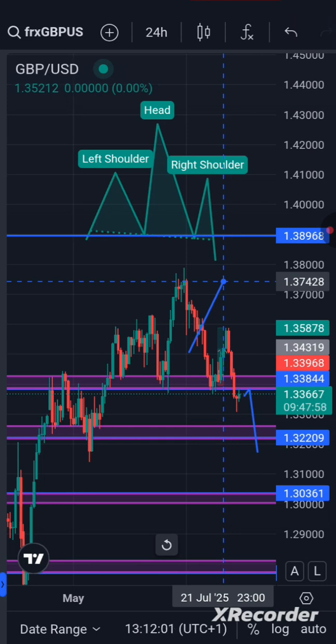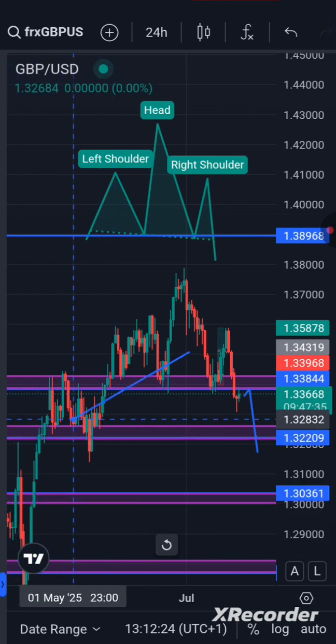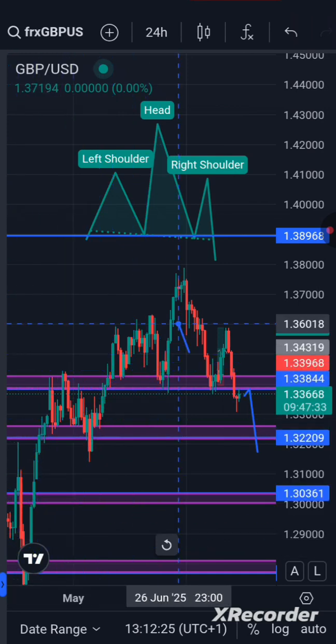By the time you see these chart patterns, like I've said, they are correctional patterns. They are trying to tell you that the previous trend is definitely wrong, and they are about to give you a new trend for the market. So right now, you've been having a strong bullish momentum from here to this top.